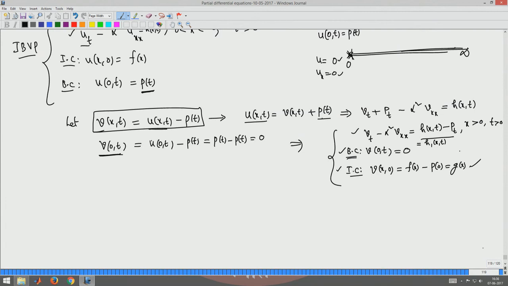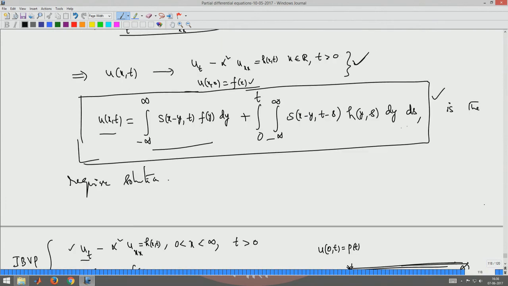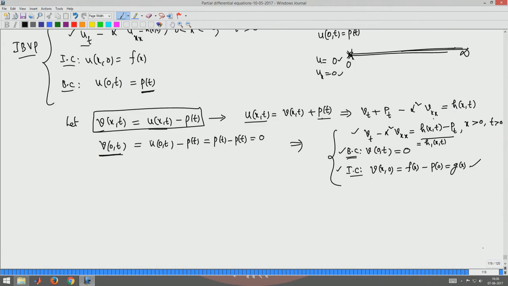So, use this one, this is true for every x belonging to R and t positive. What we need is only for x positive and t positive. Okay. So, for x positive, if you want to have this solution, this boundary condition is automatically satisfied if you extend these functions v and h 1 and g as odd functions.